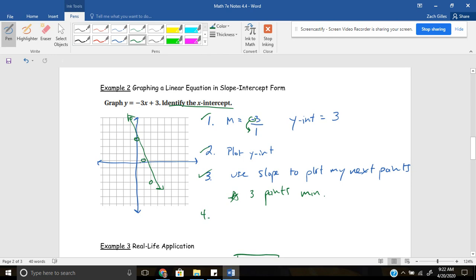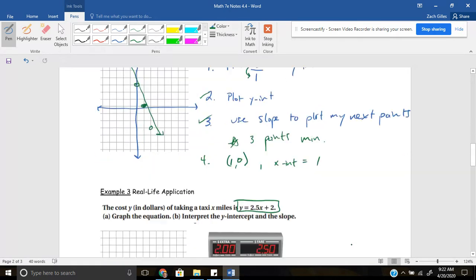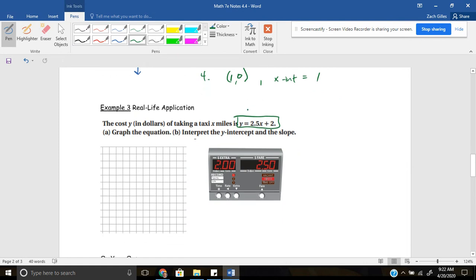I'm sorry, this isn't the neatest line, but it would be right here, which is at the point (1, 0). Right 1, up and down 0. So it crosses the x-axis. In other words, the x-intercept is 1. Sorry about that. I forgot that last step.